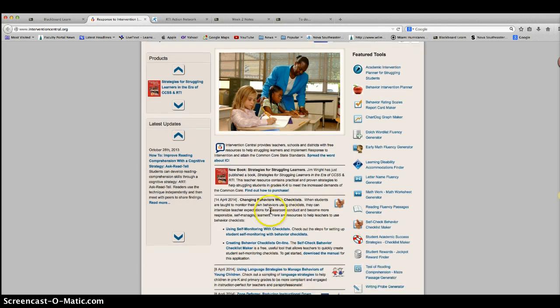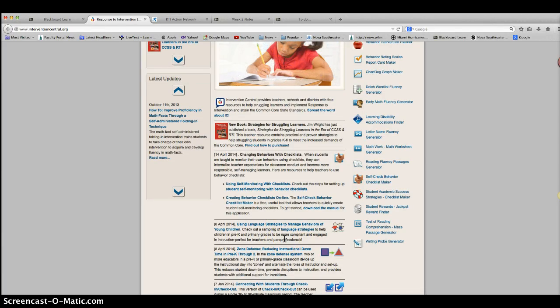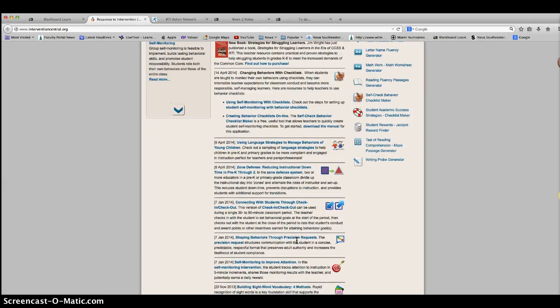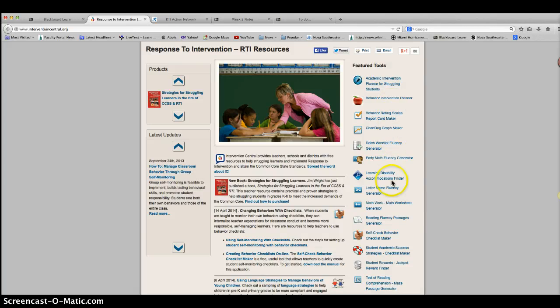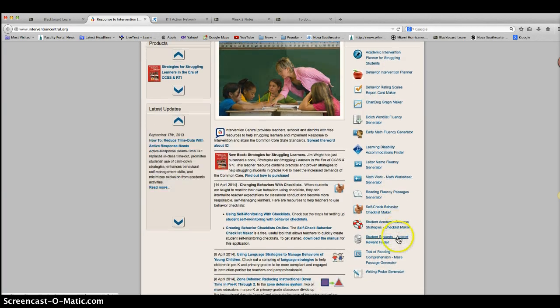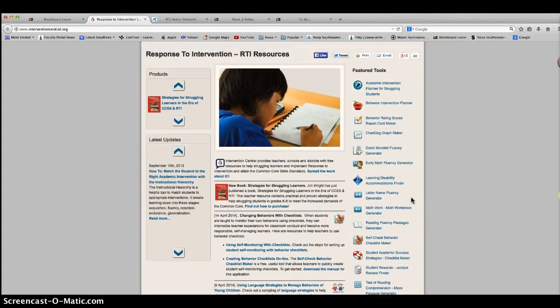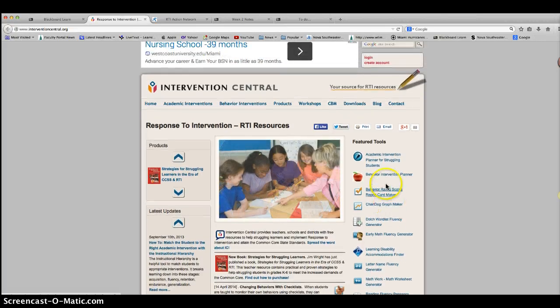So we've got checklists for behavior, we've got strategies for language, we've got ideas for reducing instructional downtime, and you can see there are many more as well. On the right-hand side are some wonderful featured tools that you might find useful. So take a look at what appeals to you there, and you'll see that I'm sure there are things that you might want to make note of.